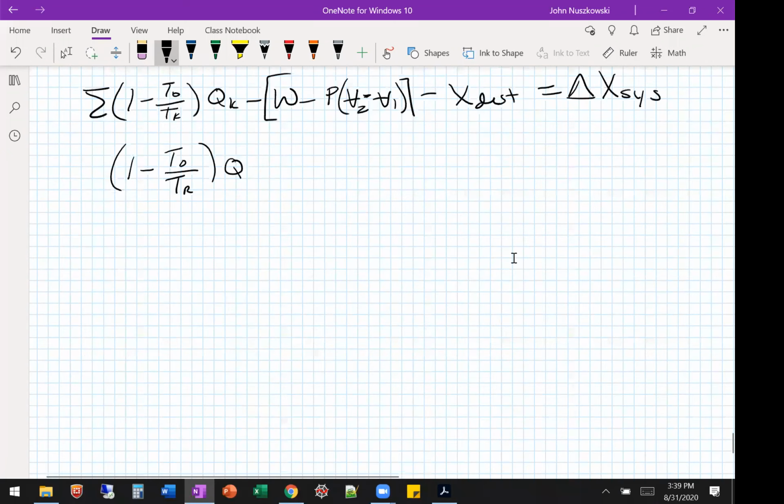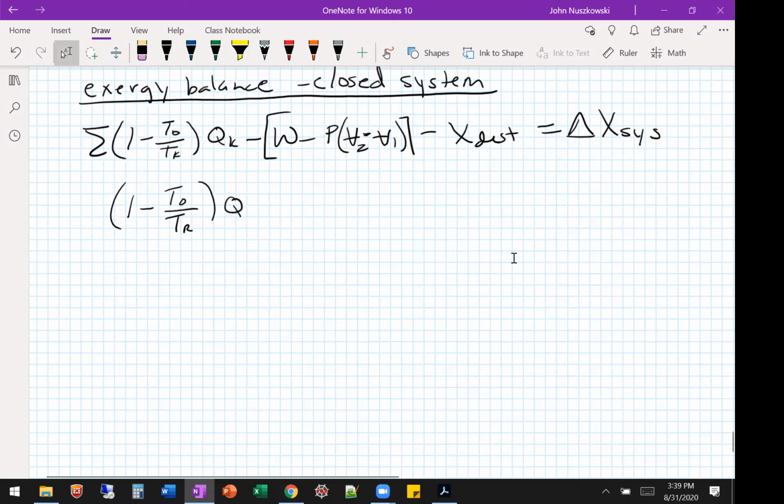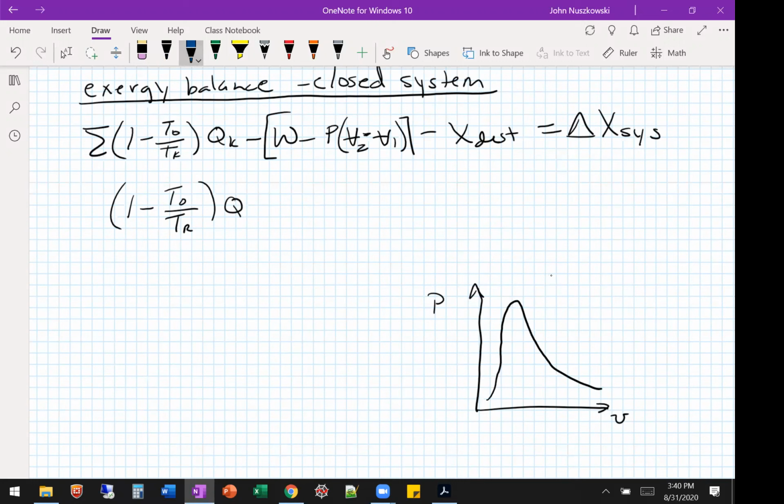All right, so let's do a little PV diagram. Oh, wrong way. All right, so we have our constant temperature lines. Where's state 1?